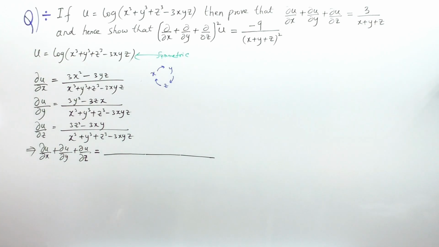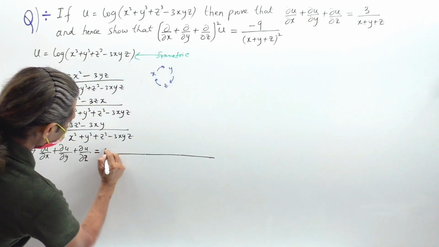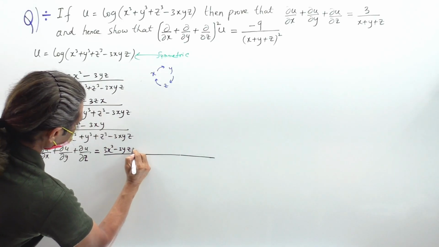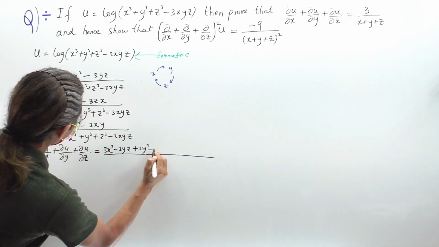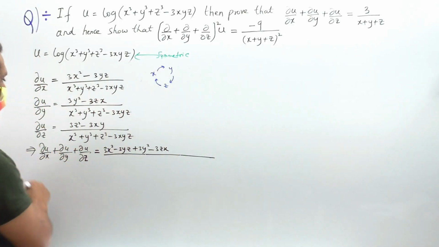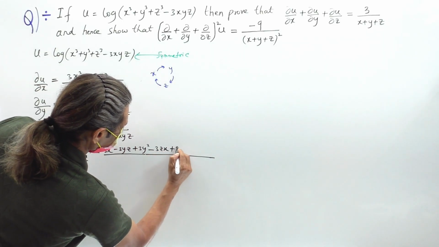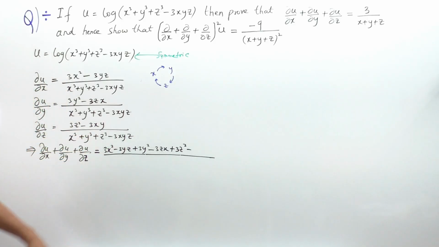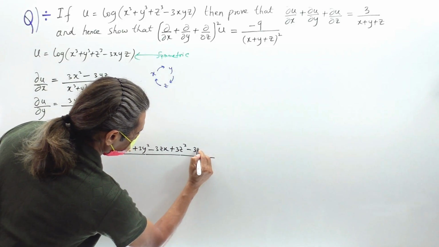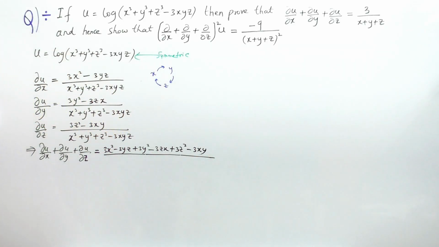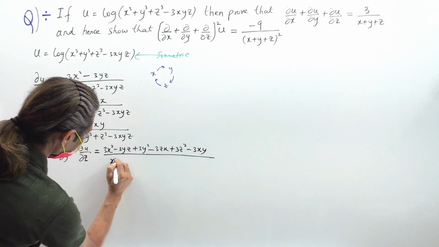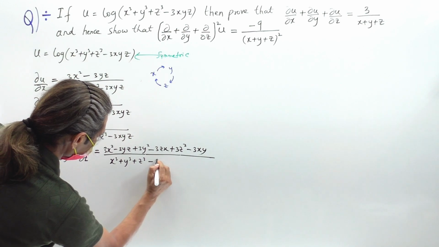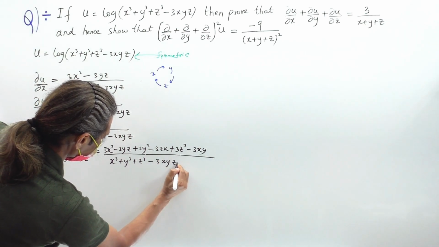So, we write here 3x square minus 3yz plus 3y square minus 3zx plus 3z square minus 3xy, upon, this will be the same, x cube plus y cube plus z cube minus 3xyz.